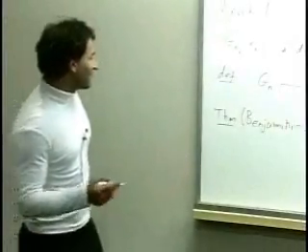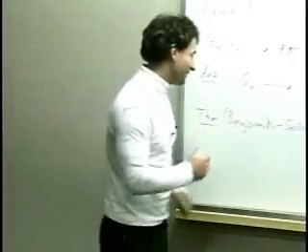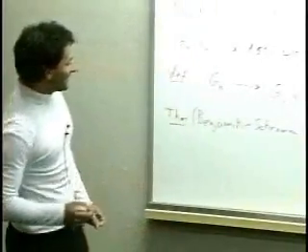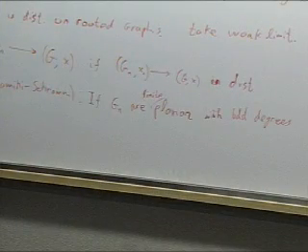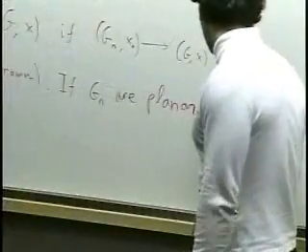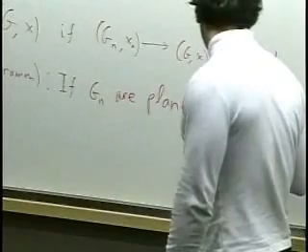So what is the Benjamini-Schramm theorem in this context? It says that if Gn are planar graphs and they have bounded degrees, so this means that all of them are planar, all of them have uniformly bounded degrees.